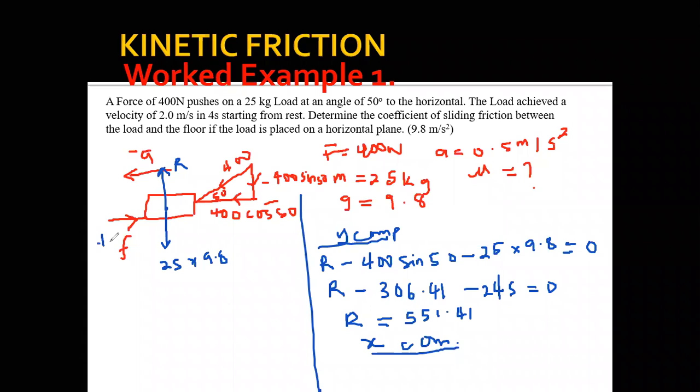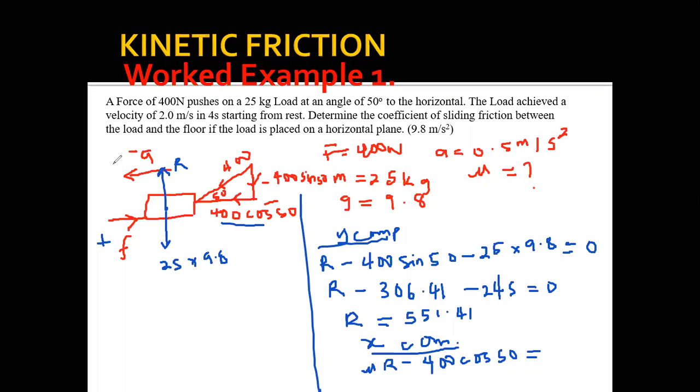So this will be mu R positive, minus 400 cos 50, which is negative. You have to calculate that for me. 400 cos 50.